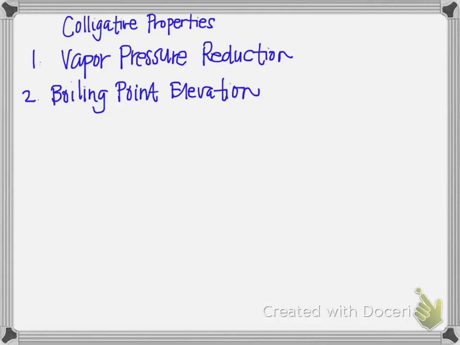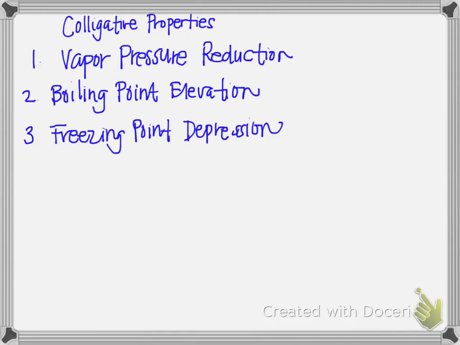We're going to talk about boiling point elevation, freezing point depression, and osmotic pressure. So we'll break this up in maybe 2 or 3 10-minute screencasts each. So the first thing we're going to talk about is boiling point elevation.